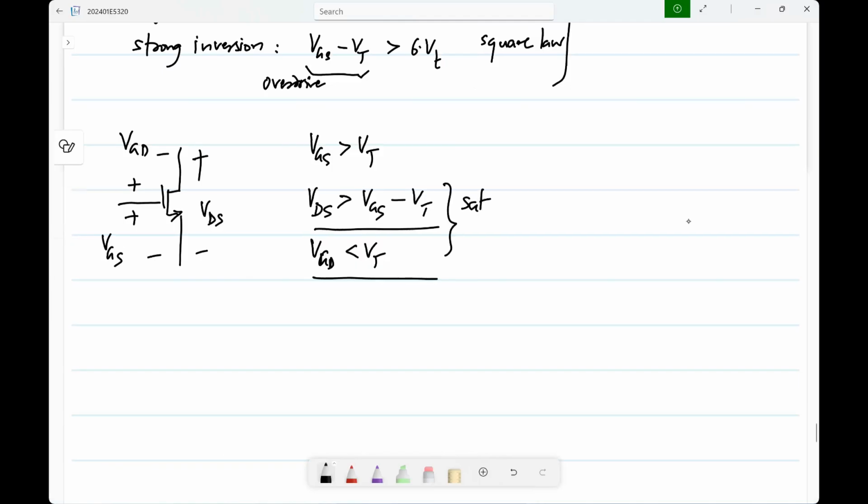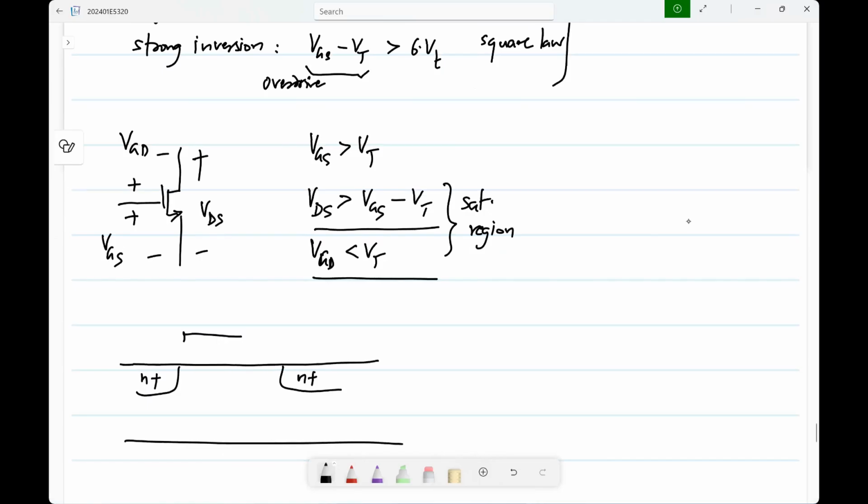This is for the saturation region. So what does this really mean? Obviously, for the triode region, you should have VGS greater than VT and VGD also greater than VT.